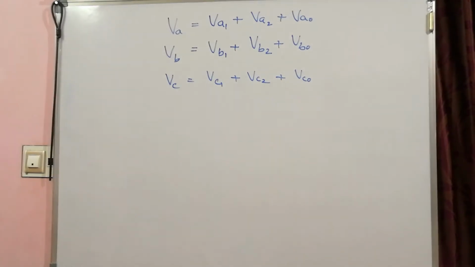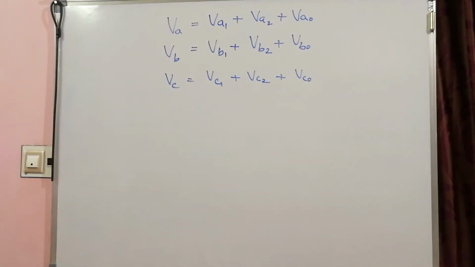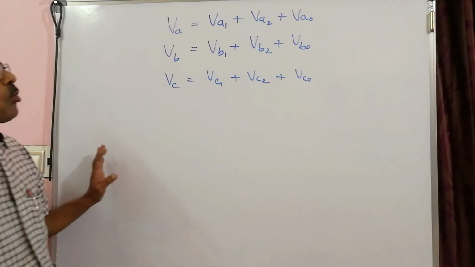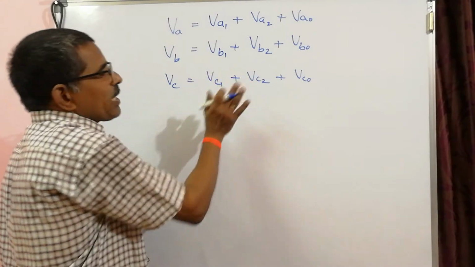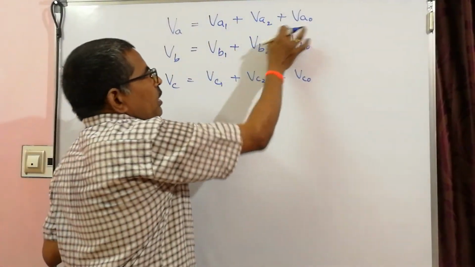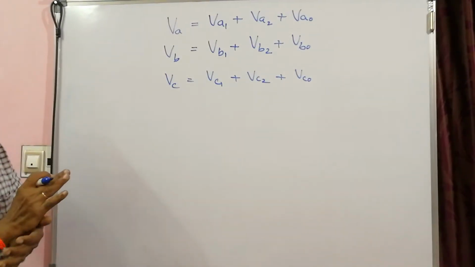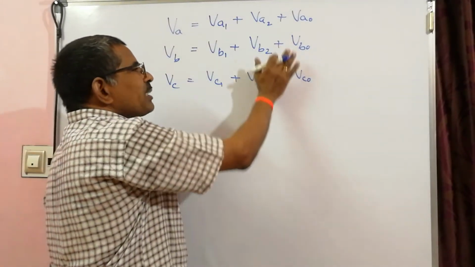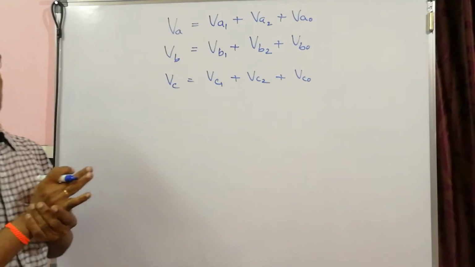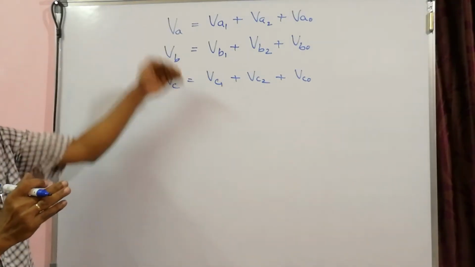Now, even though the number appears to be 9, there is no need of solving all these 9 values. Why? Because you know the interrelation.